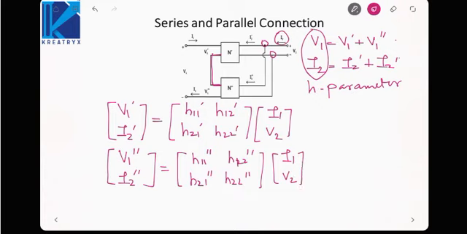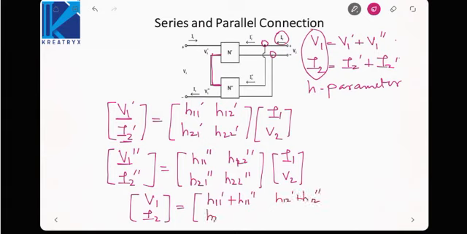Now if we add these two equations, V1 dash and V1 double dash will become V1, I2 dash and I2 double dash will become I2. And these parameters will get added up: H11 dash plus H11 double dash, H12 dash plus H12 double dash, H21 dash plus H21 double dash, H22 dash plus H22 double dash, I1, V2. So in a series parallel connection, our H parameters will get added up.